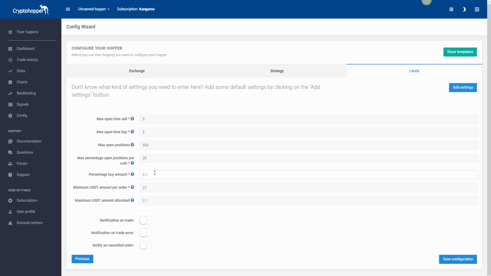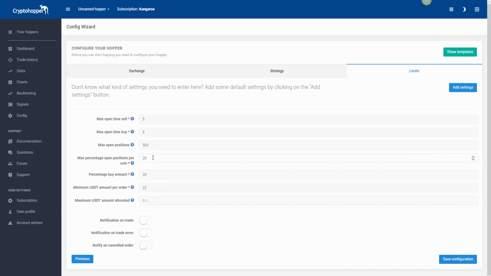Let's suppose I have $100 here and I want $20 in each order, so I will put 20%. Okay, look, it's percent, not dollars. Doesn't matter if you're using USDT or Bitcoin, it's always percent here, from your total amount allocated.